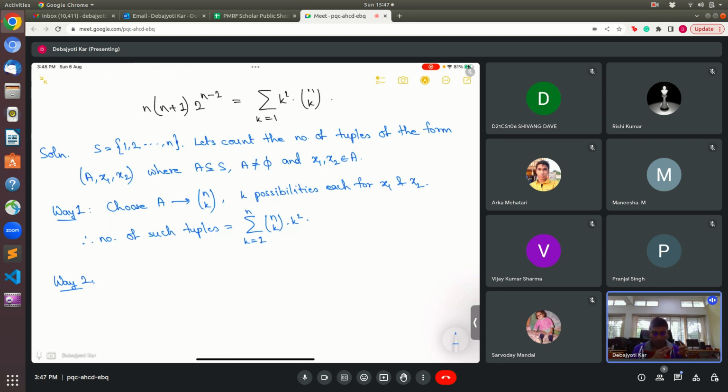So now there are two possibilities. Either x1 and x2 are distinct or x1 and x2 are the same.